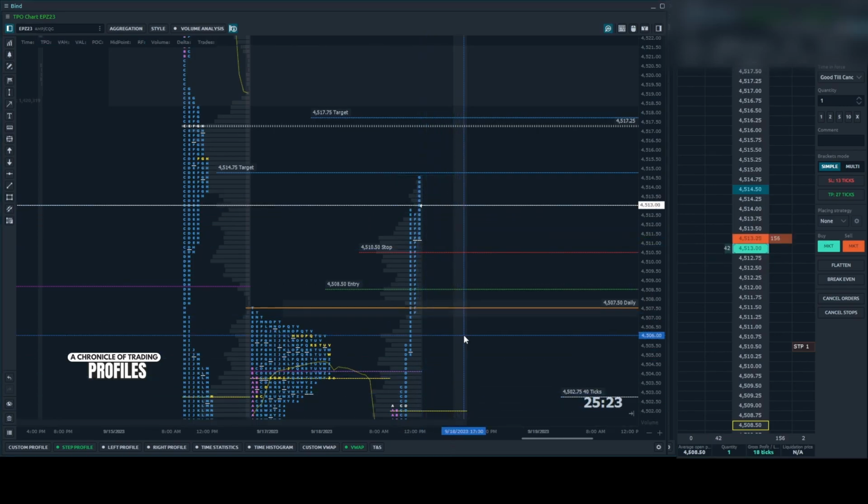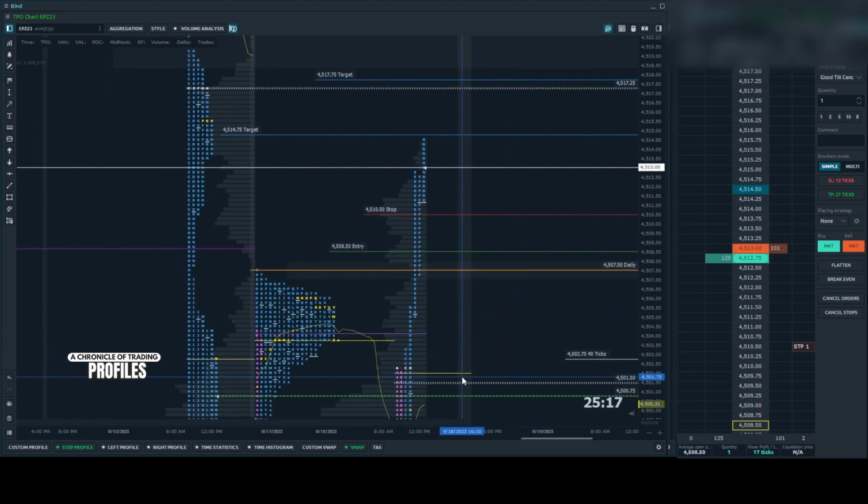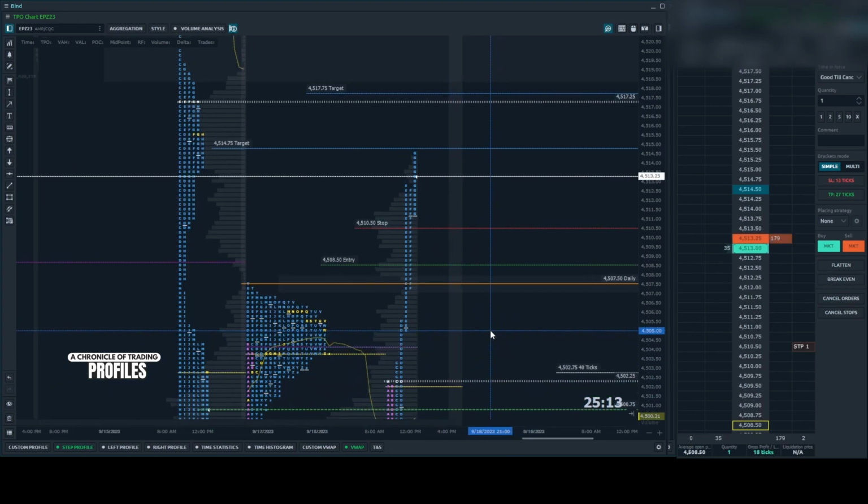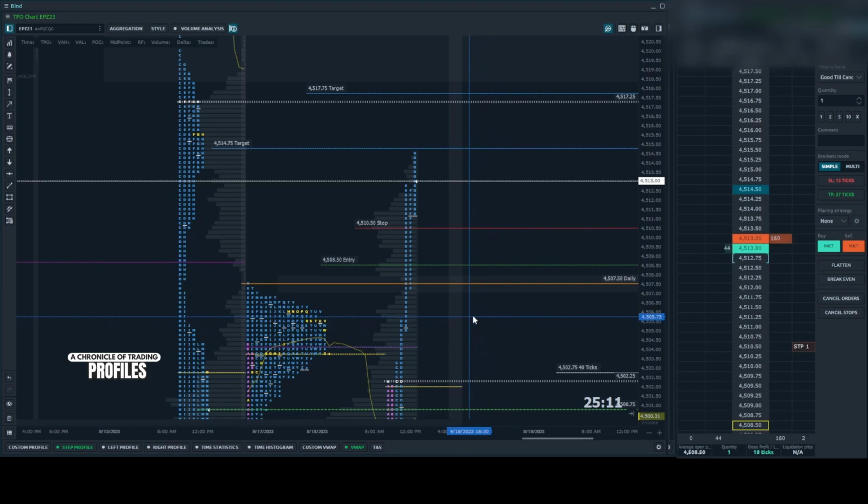Otherwise, you can just close the second one. And there's a good chance we'll rotate back down in this area, so you might have another chance at it. This time I'll follow it up with a stop.